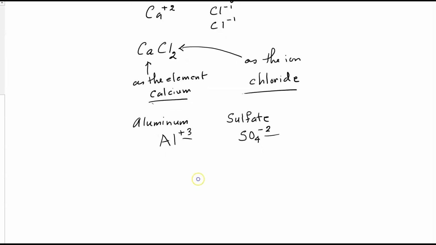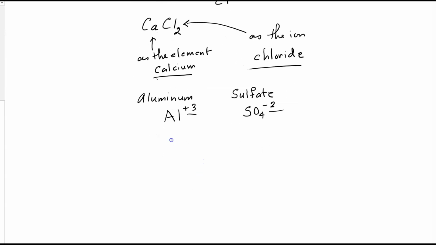Another way to think about this would be if we have aluminum occurring twice, that's a +6, and then we put parentheses around sulfate, and that has to occur 3 times. You notice that you can think of this sometimes as a crossover, and now we have a structure for aluminum sulfate.